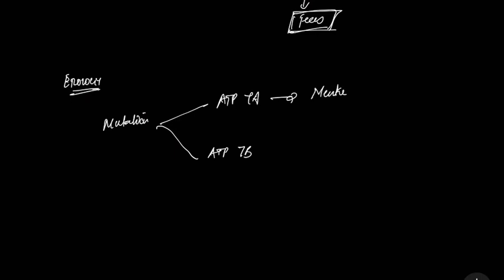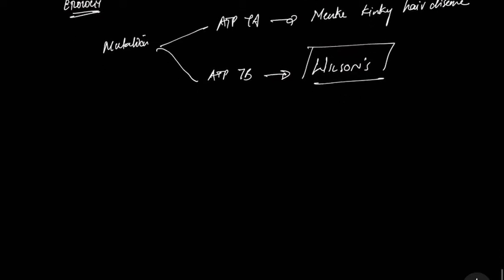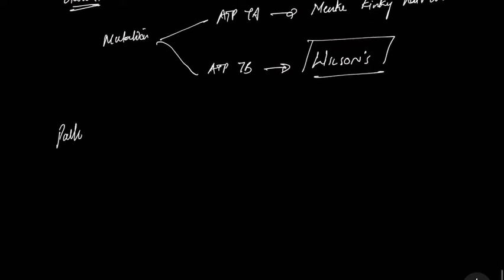If there is mutation in ATP7A, it leads to this condition called Menkes kinky hair disease. And mutation of your ATP7B leads to the topic we are studying, that is your Wilson's disease.